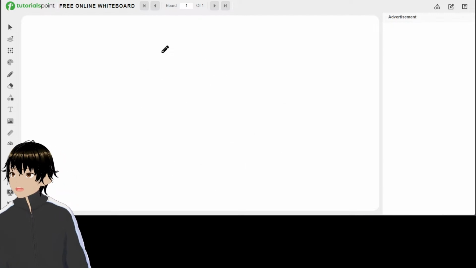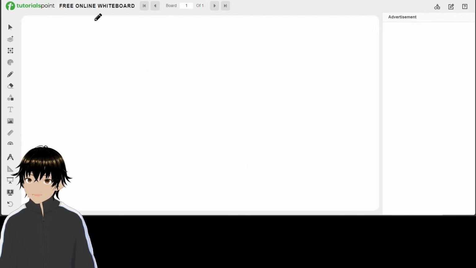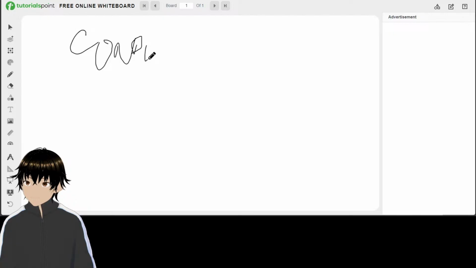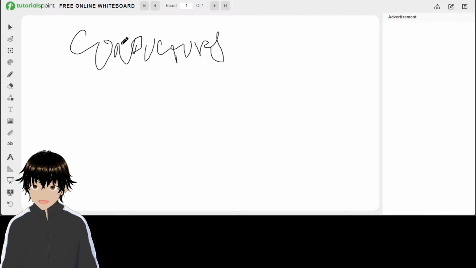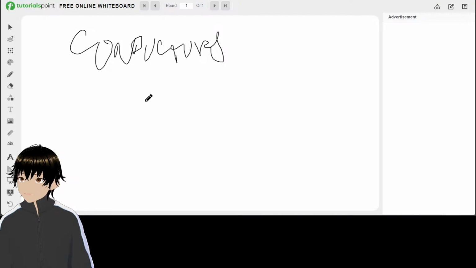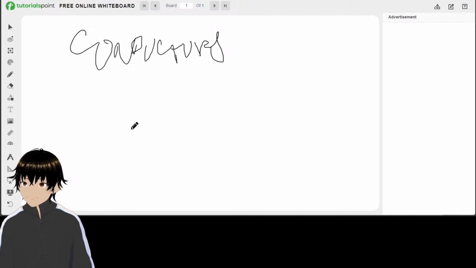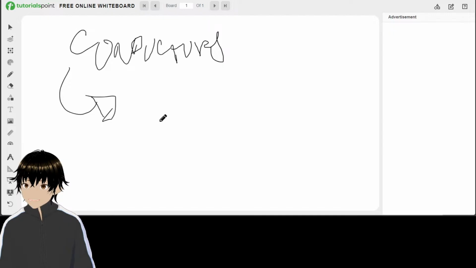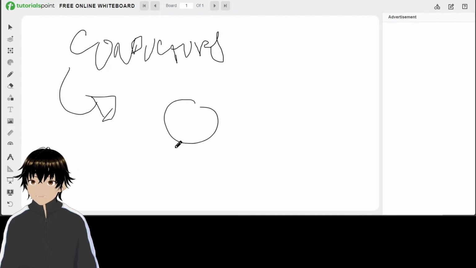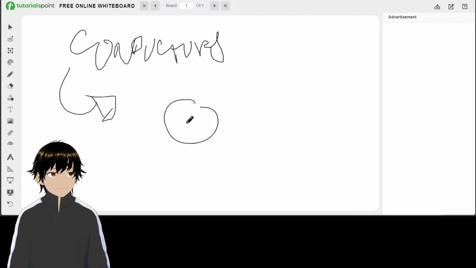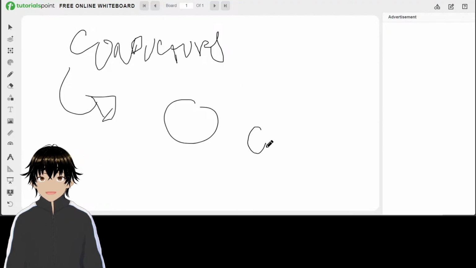If we disregard all of that, we also have what we call conductors. Excuse my illegible writing. Conductors are materials that have atoms, like copper, for example.